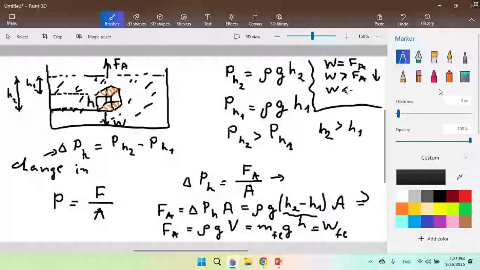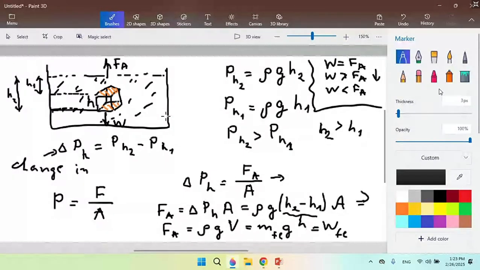If Archimedes force is bigger, it will float. And this explains the ability of ships and other objects to float on the water surface.